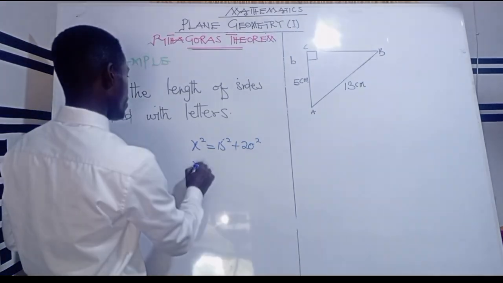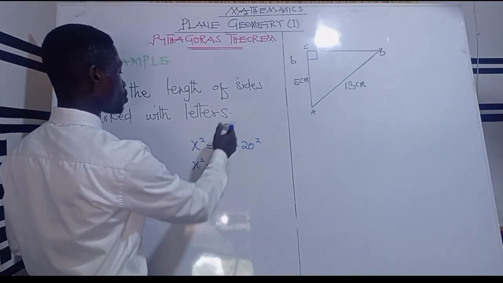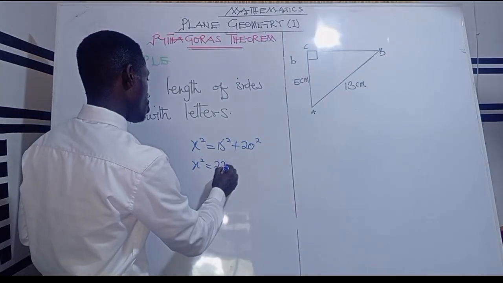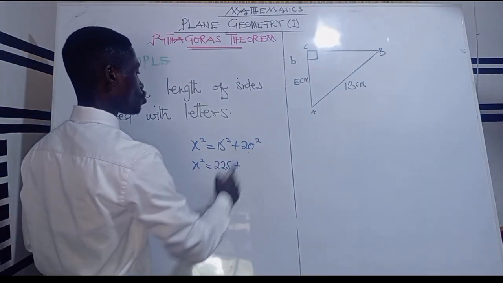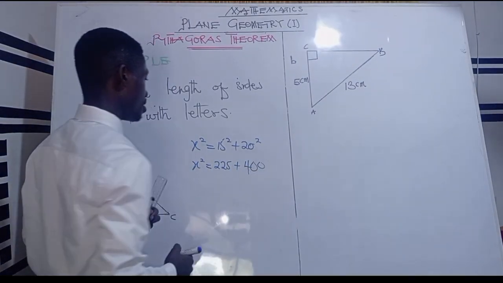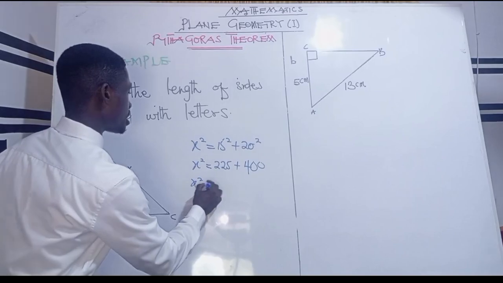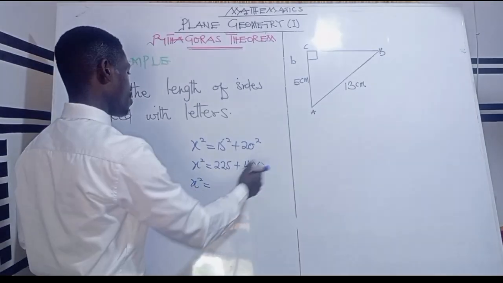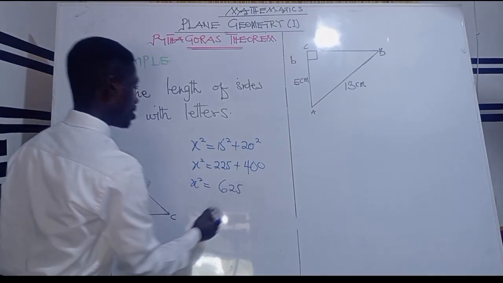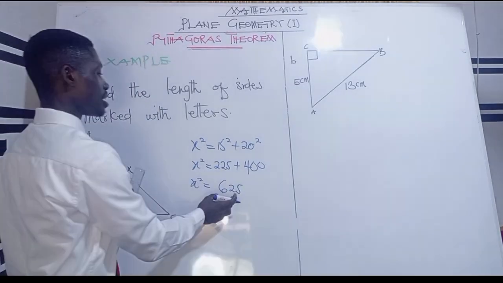Now, so we have s squared is equal to 15 squared, which will give us 225, right? So we have 225 plus 20 squared will give us, I think, 400. So we are going to have s squared is equal to 225 plus 400. We are getting 625.